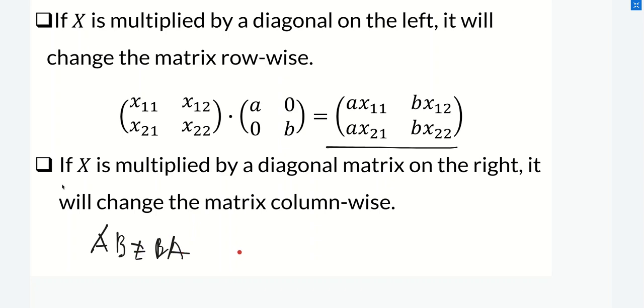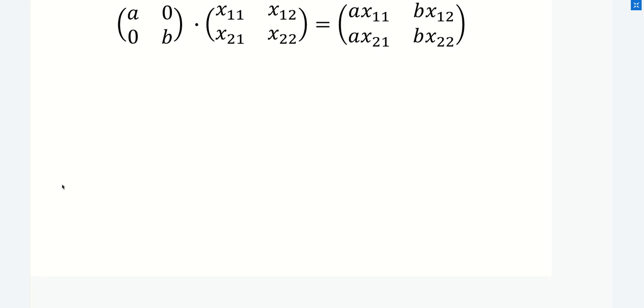But mind you, when one of the matrices is a diagonal matrix, it becomes commutative. I have a matrix over here, and I'm multiplying this one by a diagonal matrix. It's the same thing as when I swap the two. So when I have a diagonal matrix, commutativity in matrices is possible, provided one of them is a diagonal matrix.